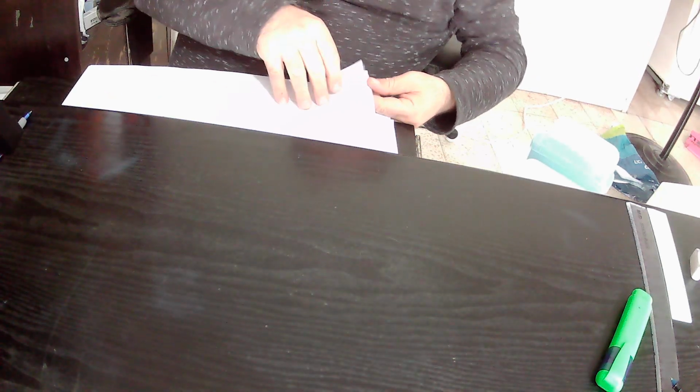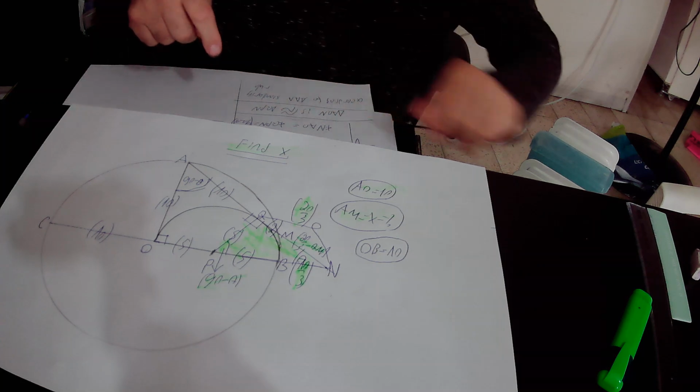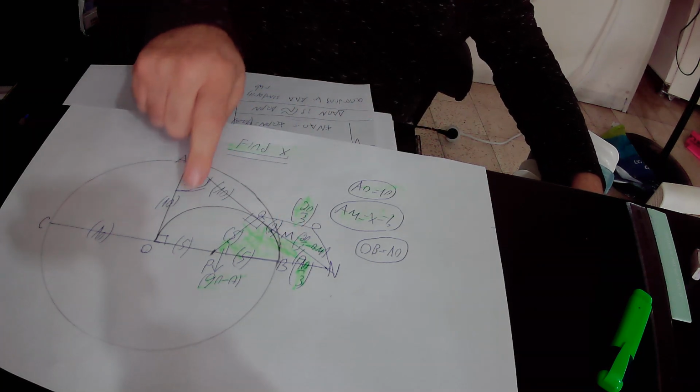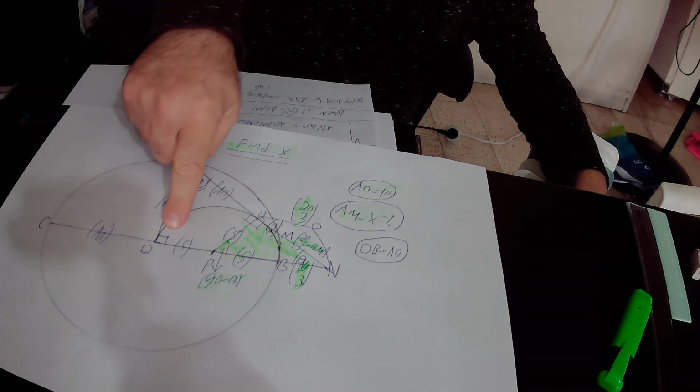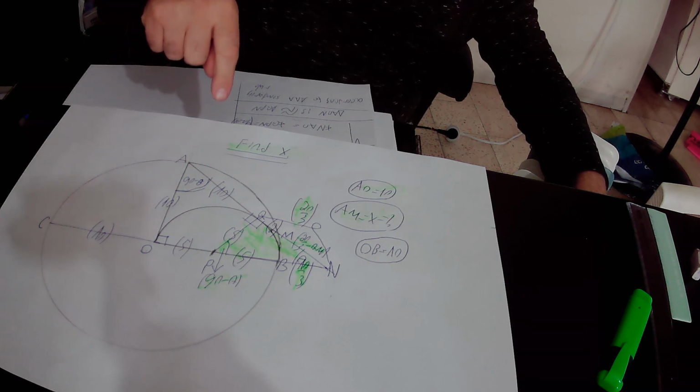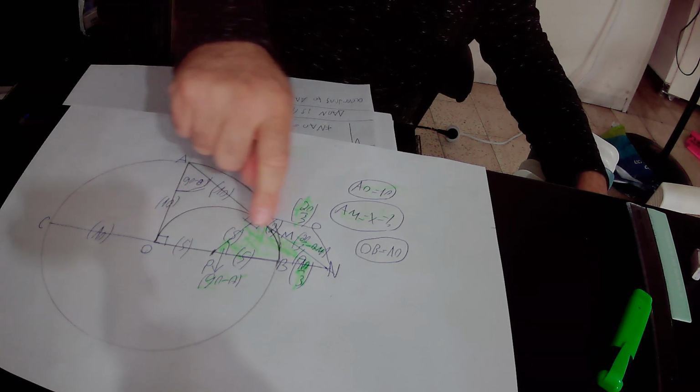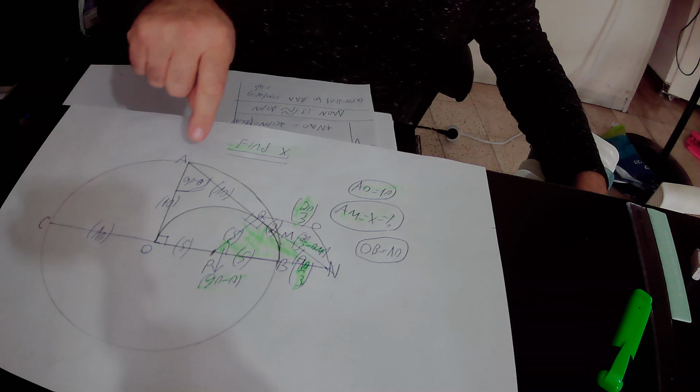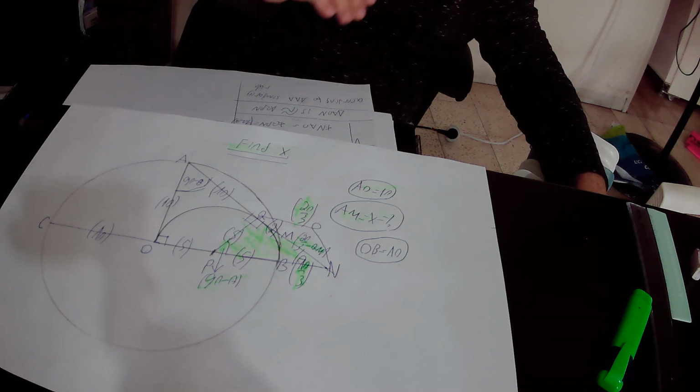So first of all, we know that AOB is a quarter circle, therefore this angle AOB equals 90 degrees, and also sides AO and OB are both the radii of this quarter circle, therefore they are equal to each other.